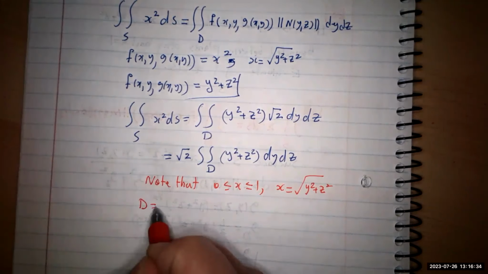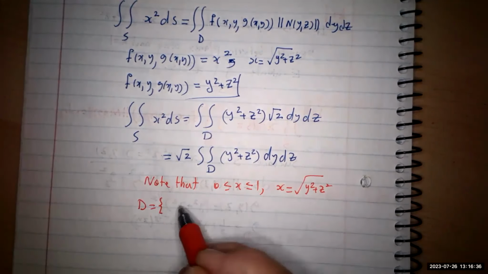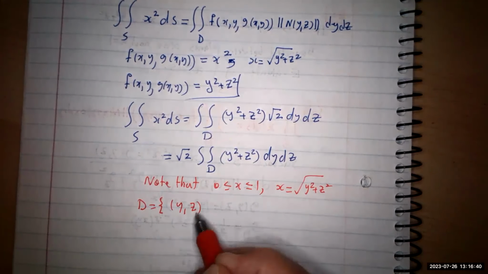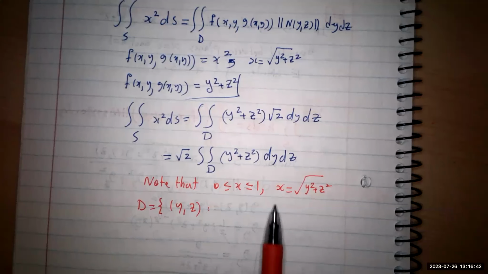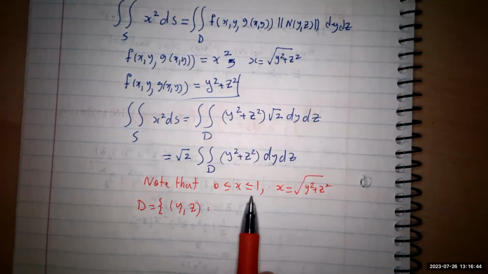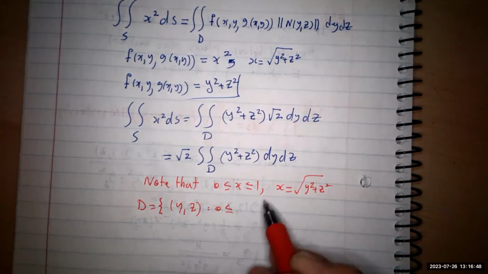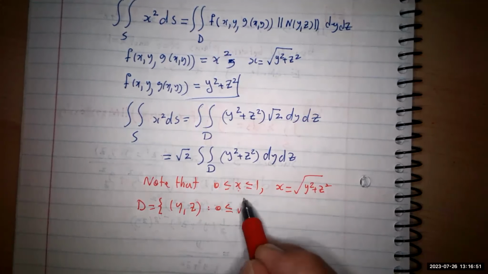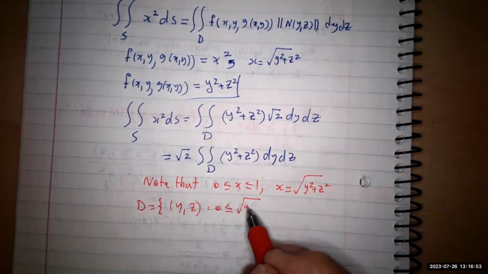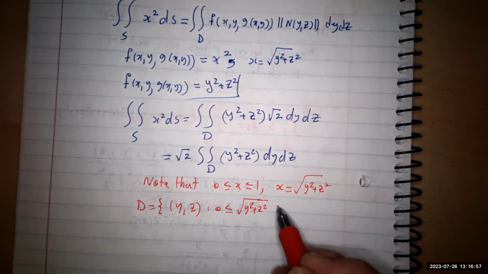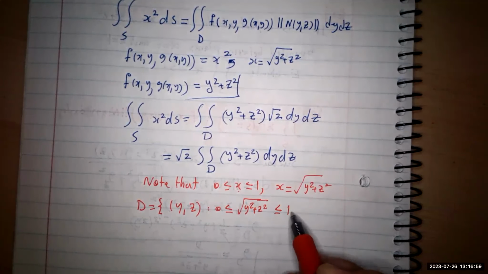Your domain is a collection of points y and z that satisfy this condition. You see, this is x. So the condition is that x, which is radical y squared plus z squared, is less than or equal to 1.